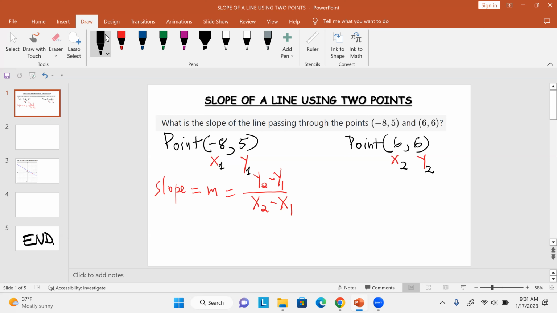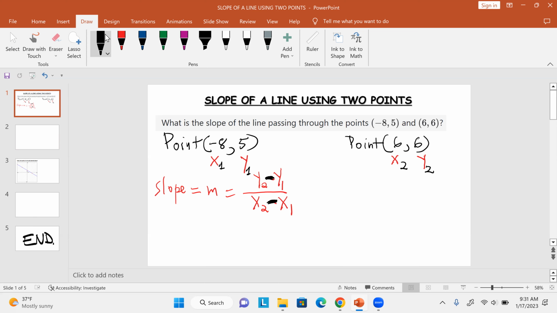Now, in the formula, there is a negative sign between y2 and y1, and a negative sign between x2 and x1. And this is very important to focus on, because sometimes the value of x or y is negative, and that could be another mistake for students, to make the difference between the negative sign from the formula and the negative sign from the value of the point's x or y value.